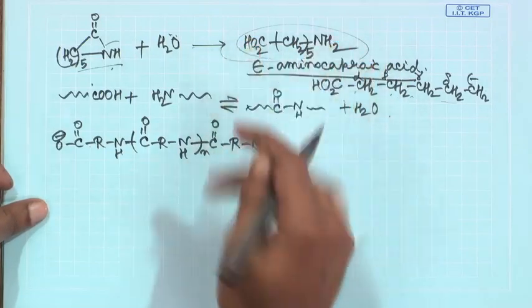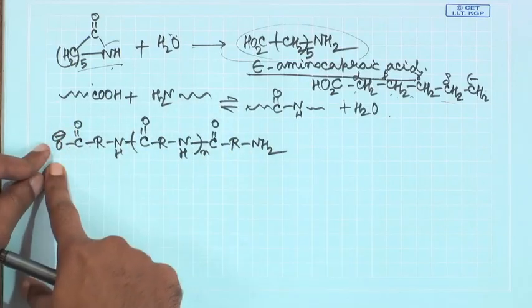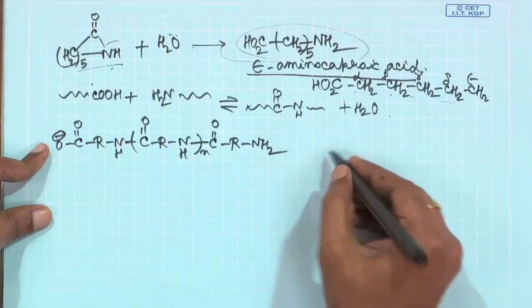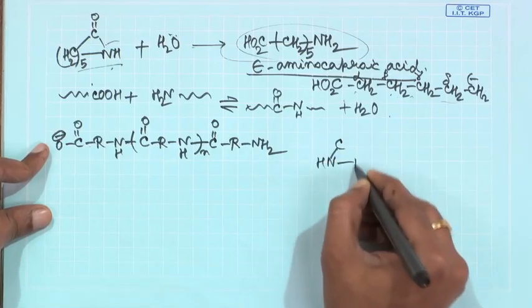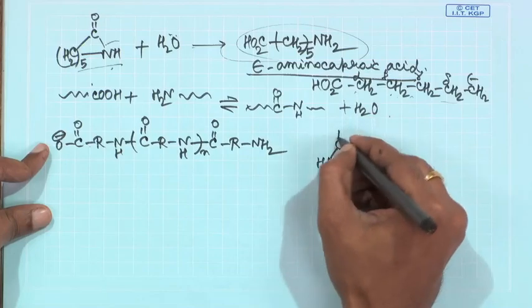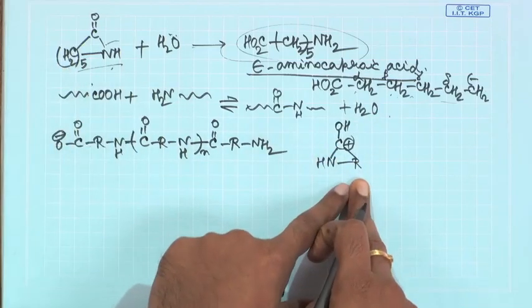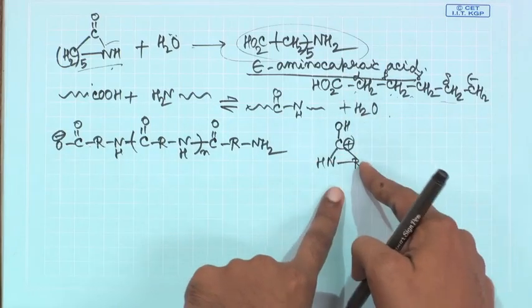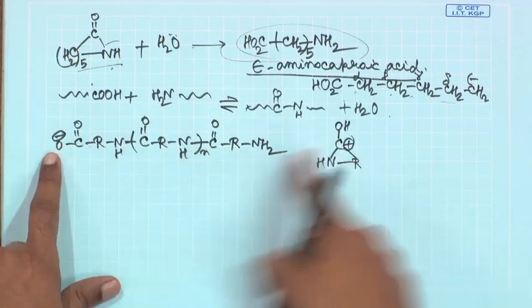So, on one side you have CO2H, the CO2H can become O minus and that proton can go and attach to your lactam. I am just putting R here, it could be CH2 whole 5. So, basically the lactam will be activated by a proton exchange reaction with this acid.